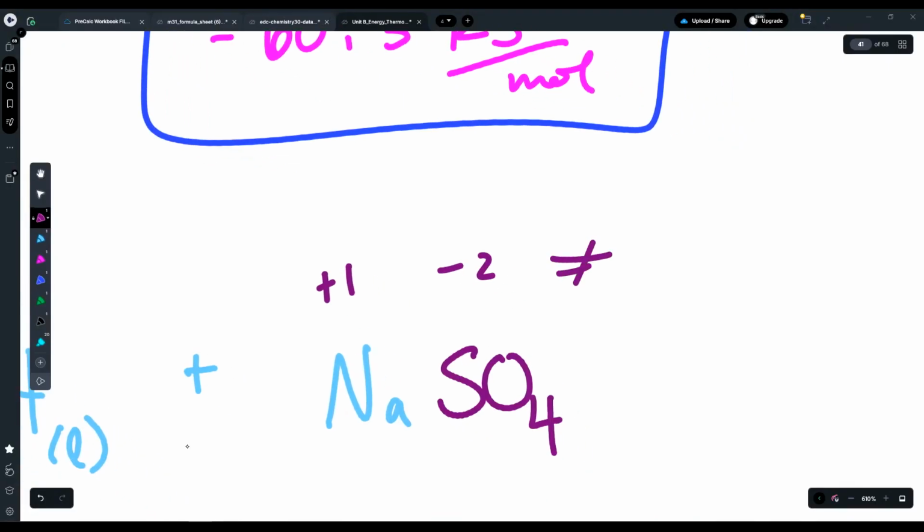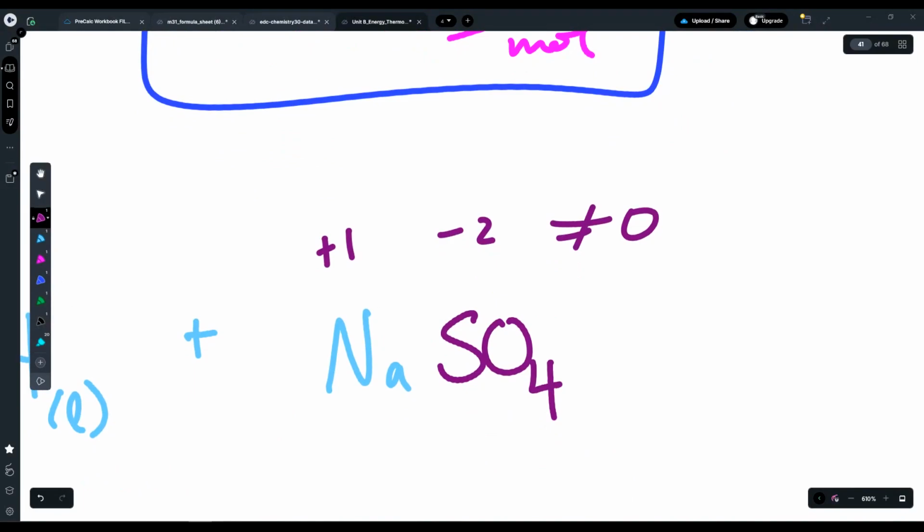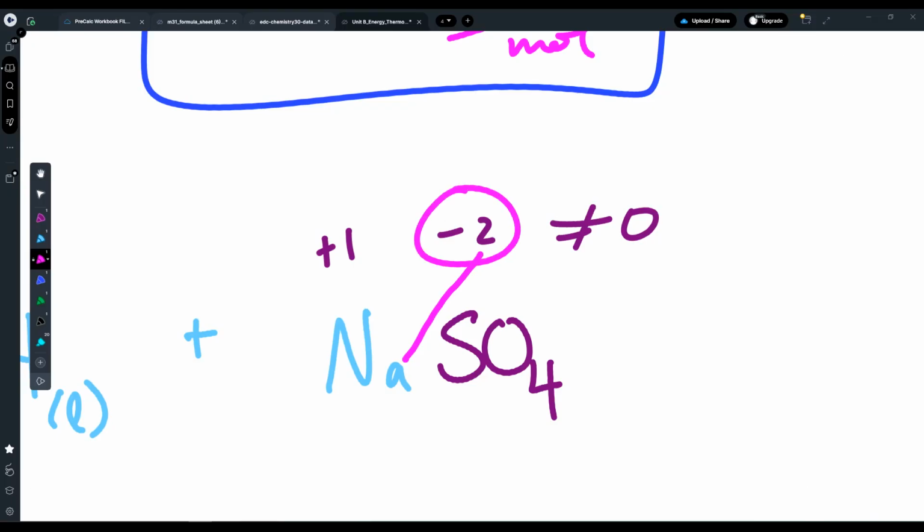Okay, so this does not equal 0, or it is not balanced right now. So how I get it to be balanced is I like to call it crisscross applesauce. So you take the numbers, but not the charges for the overall charge, I guess, of your ion.